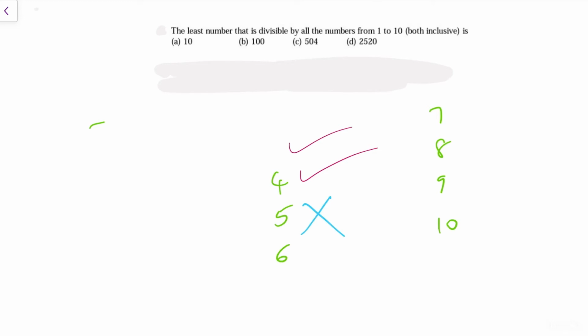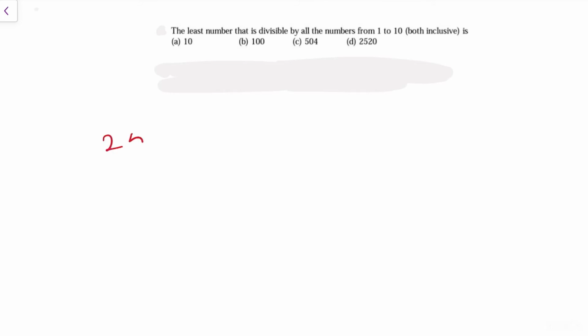Next, we remain with the last option, that is 2520. Let us check whether it is divisible by each and every number or not. Last digit is 0, so definitely it is divisible by 2. Next, for 3, sum of all the digits: 2 plus 5 is 7, 7 plus 2 is 9, 9 plus 0 is 9.